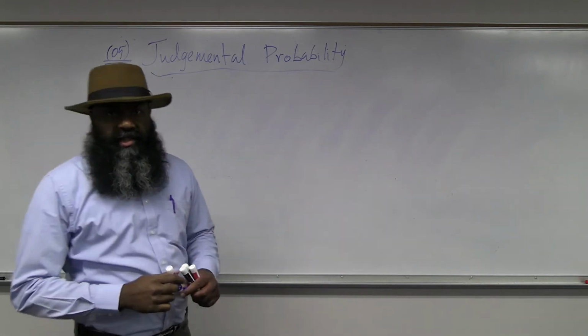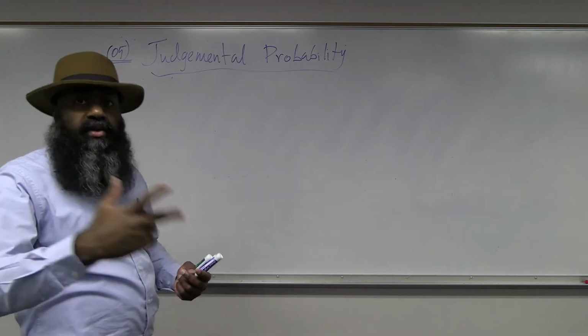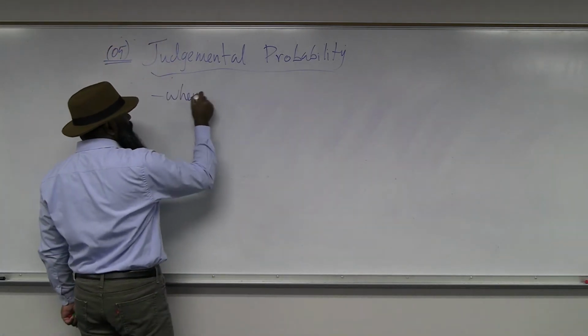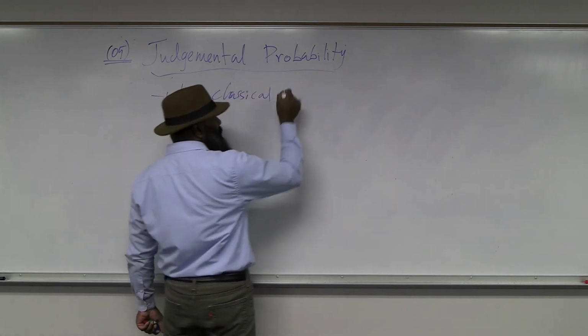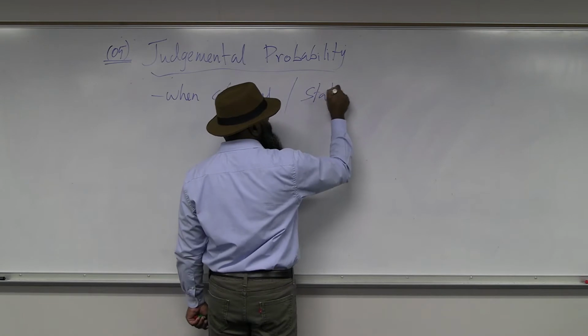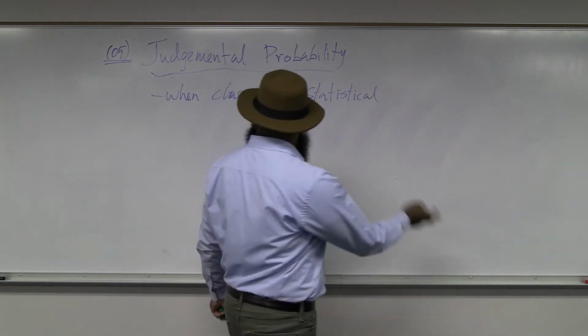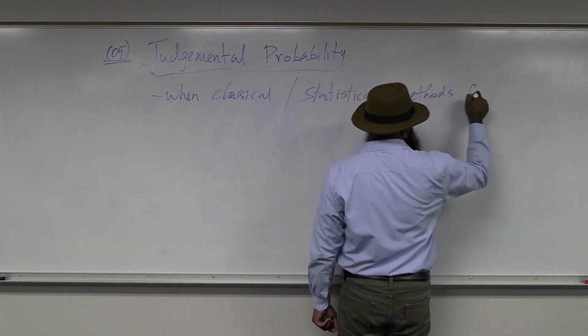Now we go for the judgmental probability when the classical and statistical probabilities are not going to work. Okay? This is when classical, which means the uniform distribution, or statistical, which means all the other distributions, methods fail.